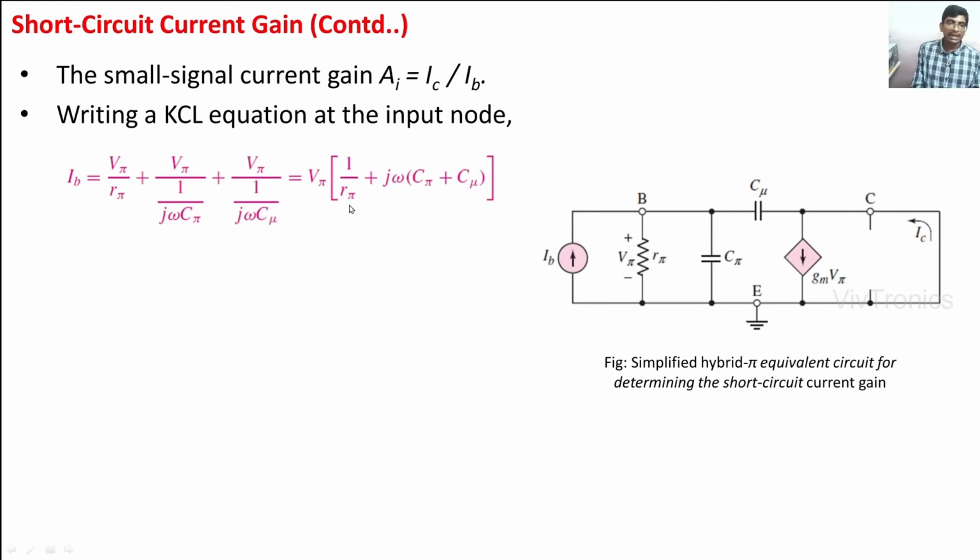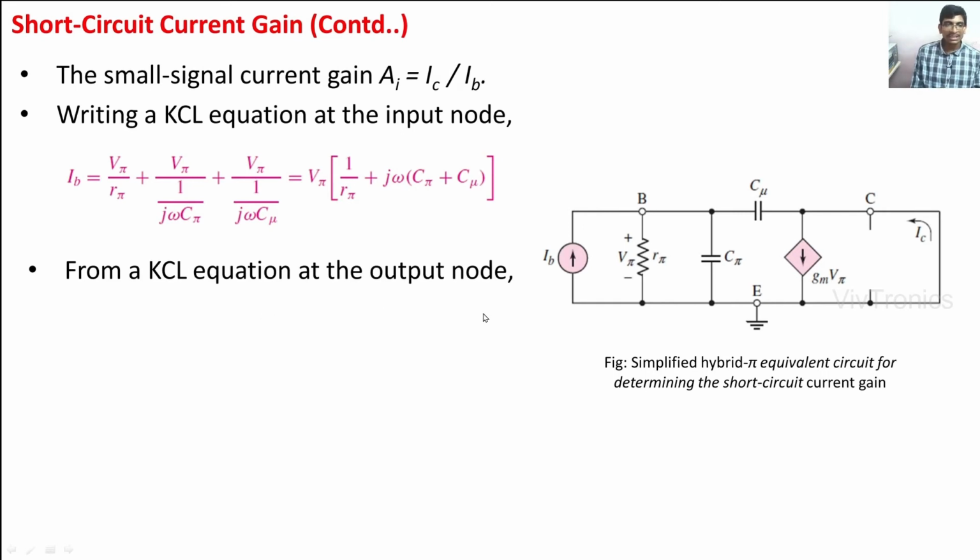Remaining we have 1 by R pi plus j omega C pi plus j omega C mu. Taking j omega common from these two terms, we get j omega into C pi plus C mu. That is the IB current equation.